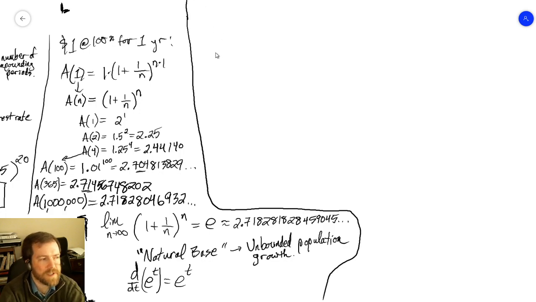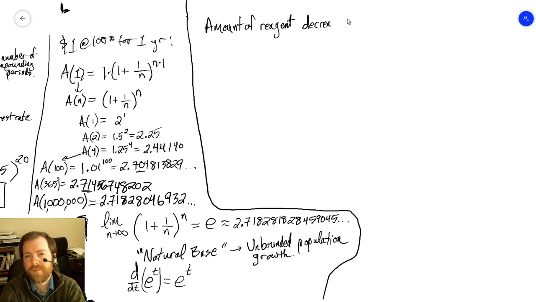So one example might be, well, let's see, you want to do chemistry. The amount of a particular reagent in a substance will decrease exponentially, so let's just go with halved every 2 seconds.